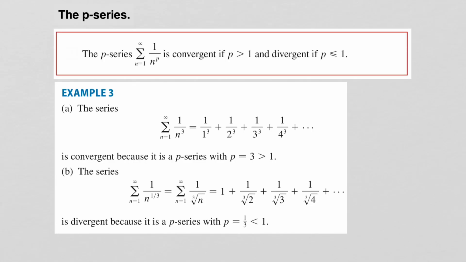And as I mentioned, this series is called the p-series. And here we have the formal statement: the p-series, summation n equals 1 to infinity of 1 divided by n to the p, is convergent if p is greater than 1, and it is divergent if p is less than or equal to 1.